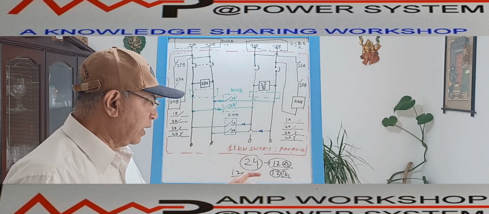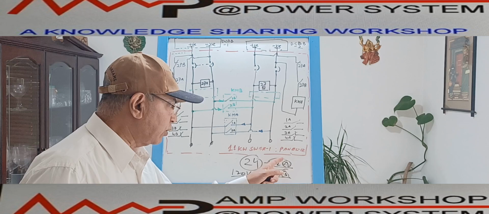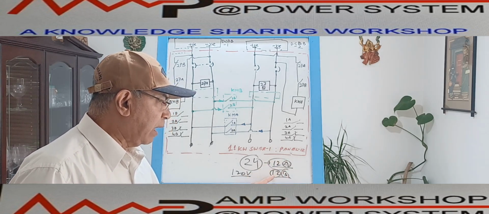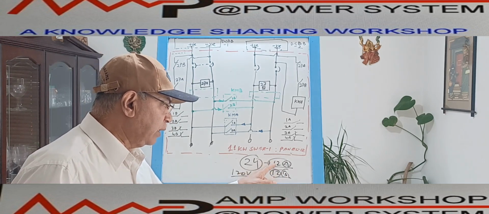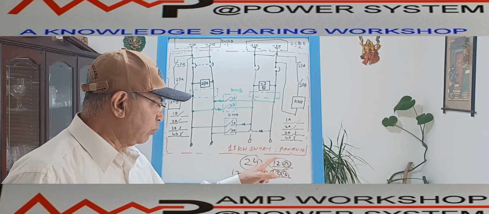The intention is that in case of failure of the A source supply, the B source supply, which was catering for 12 panels, will also be able to cater to the A source 12 panels.